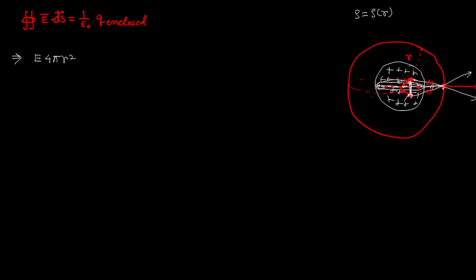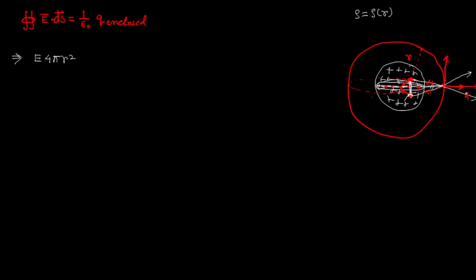So if they carry the same charge, then the magnitude of the electric field at this point because of this elementary volume will be the same. And the directions of the electric field because of these two charges will be like this. Now if I decompose this electric field, one component will go along this direction, another component will go along this direction.